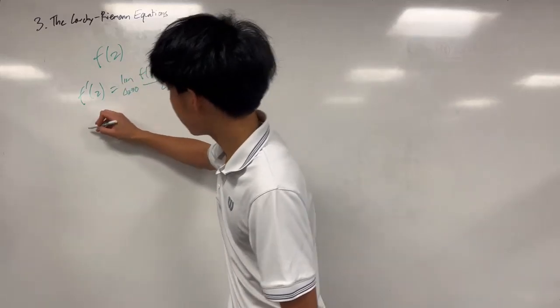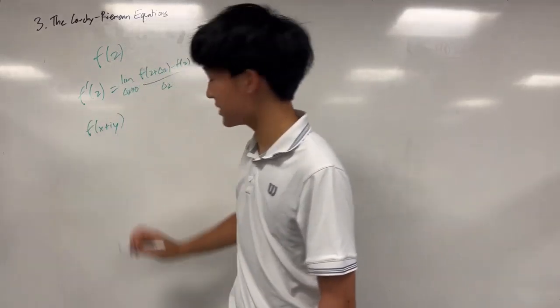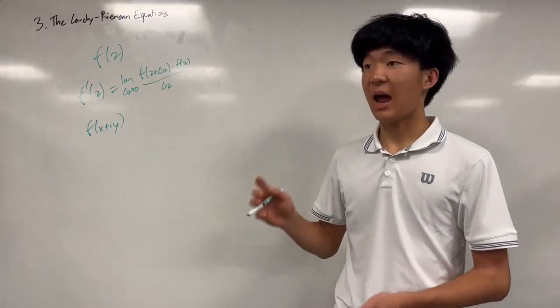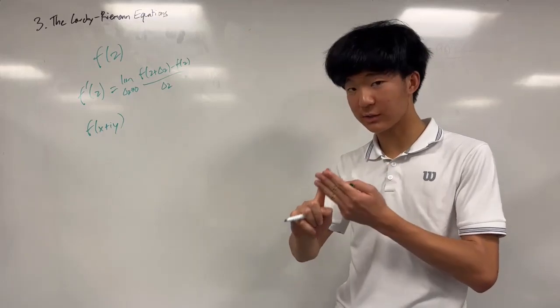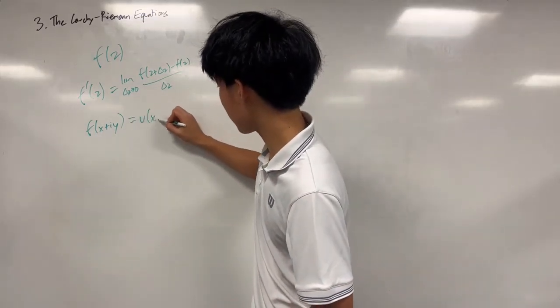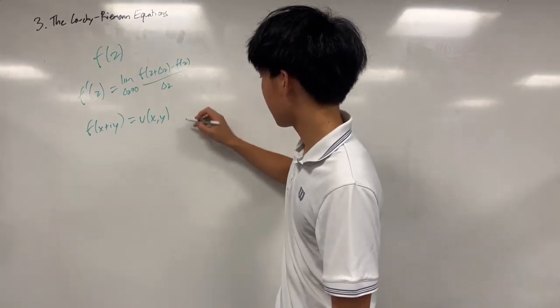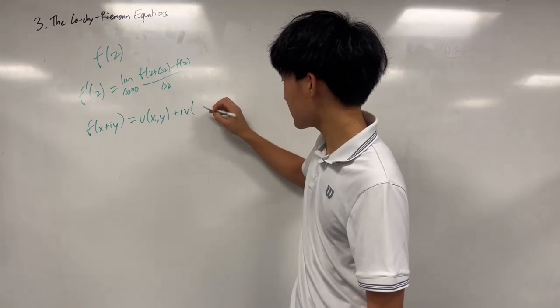F of z specifically becomes f of x plus iy. We can use these terms, x and y, as parameters for two variable real and real differentiable functions, u and v, such that u is the real part of f of z, and v is the imaginary part.